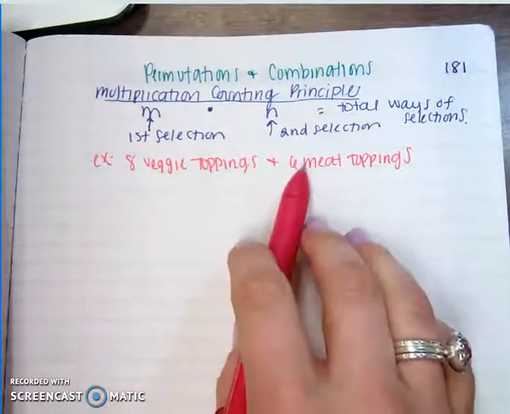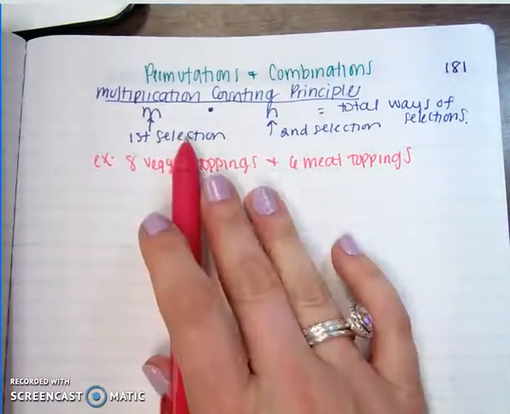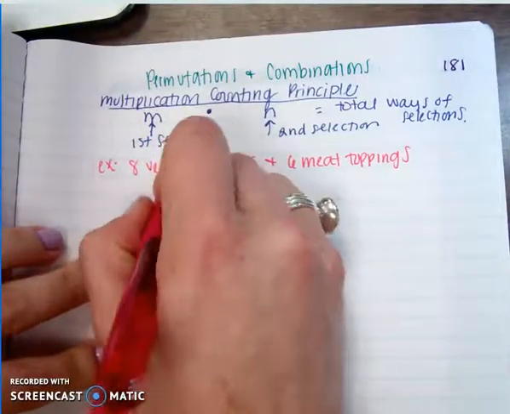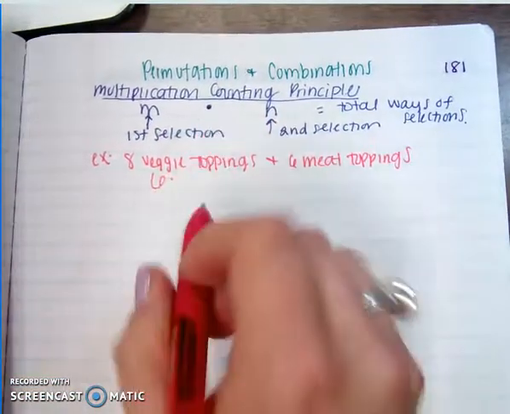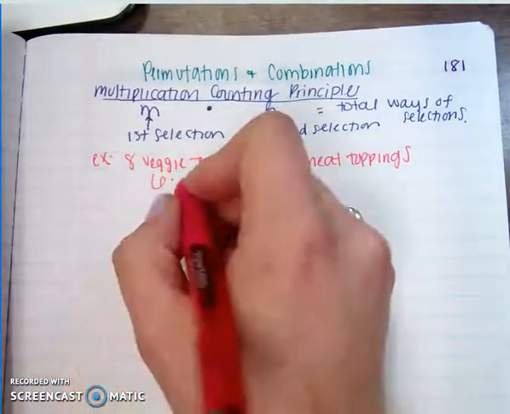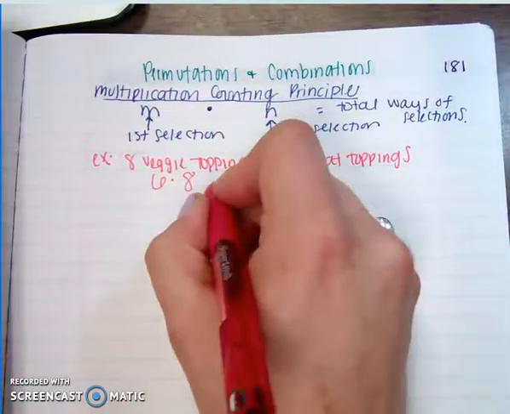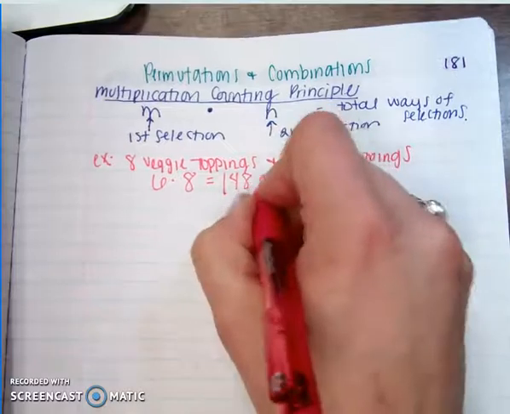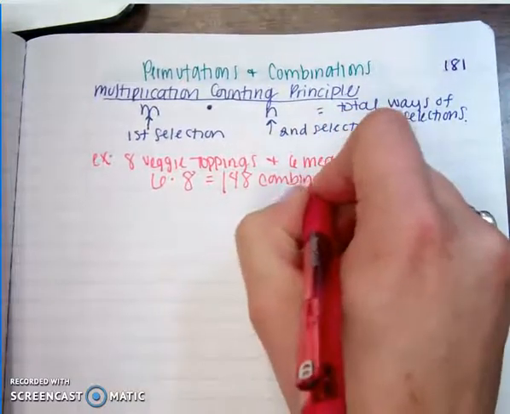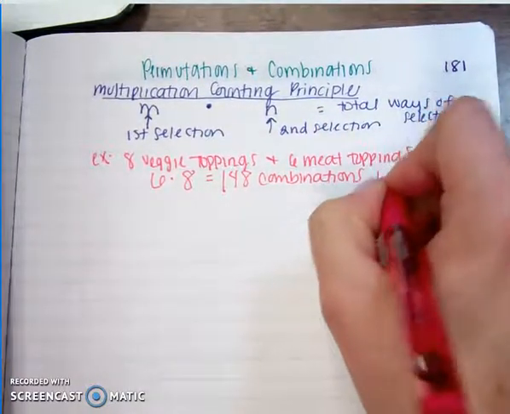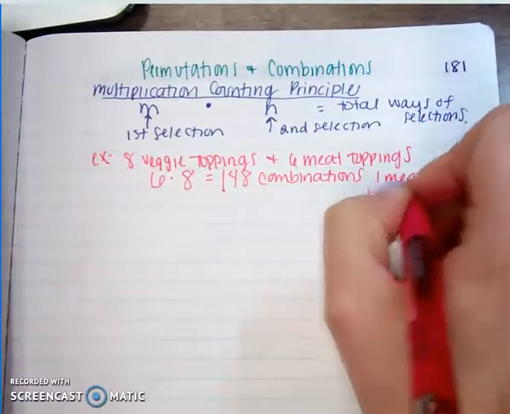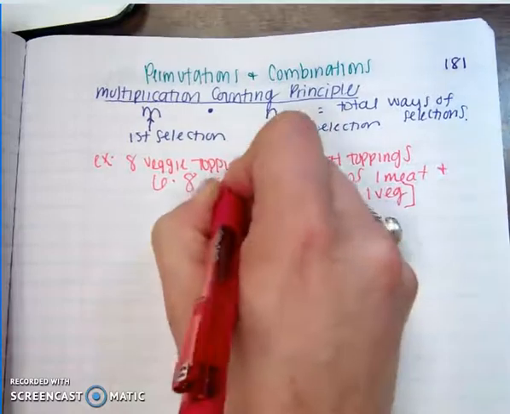Well, how many selections for the first, for the meat? There are 6 options, and we're going to multiply it by the second selection, 1 veg. There are 8 options for that, so there are 48 combinations of 1 meat and 1 veg.